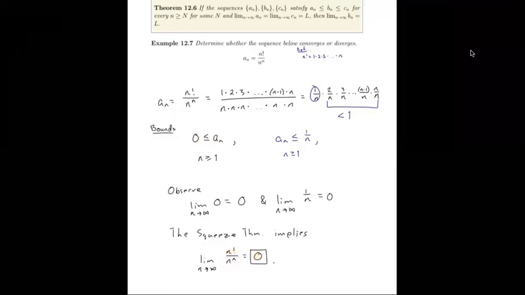But n to the n seems to have driven this to 0. It seems to have taken over. So the one that grows faster, of the two sequence terms, is n to the n itself versus n factorial. But as a sequence together in a ratio like this, we just have this limit of 0 as n goes to infinity.